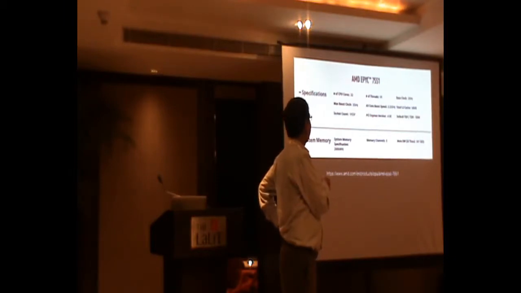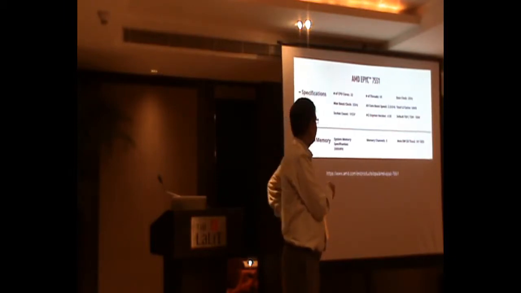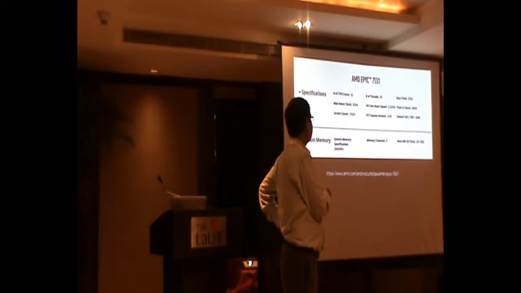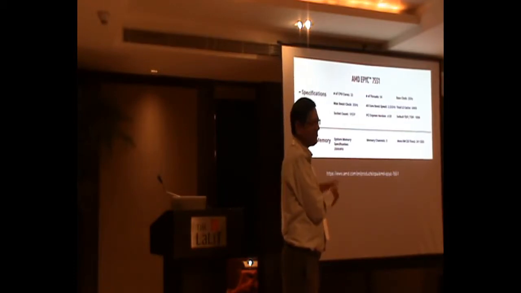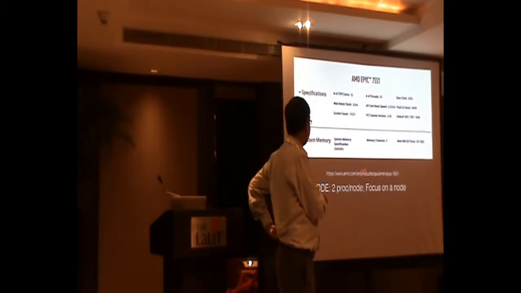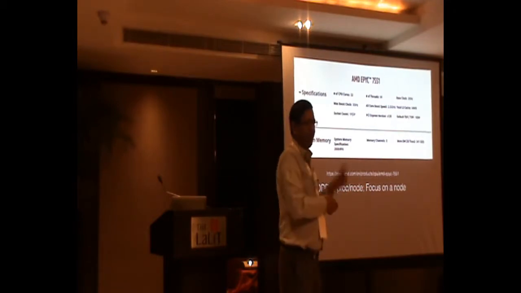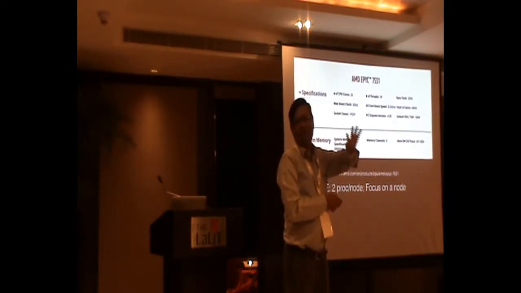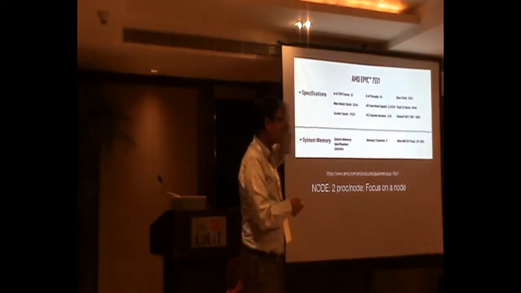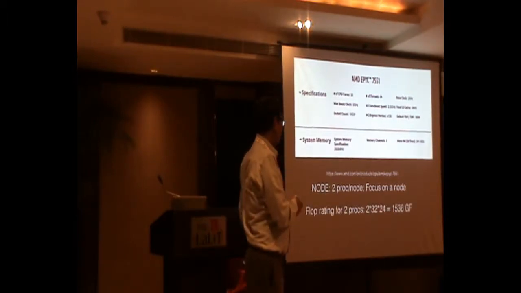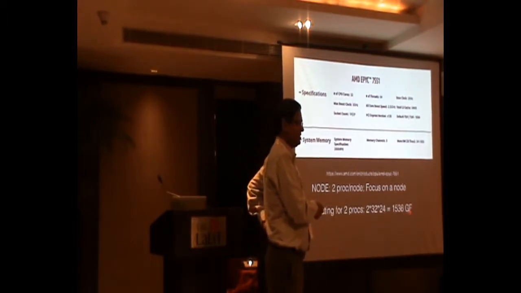This is the new processor by AMD. It has 32 cores in a single processor, and it seems like a very nice processor which we have just ordered. Hopefully we will try to test it. If I put 2 processors in one node, in fact we can put 4, you can estimate the flops.